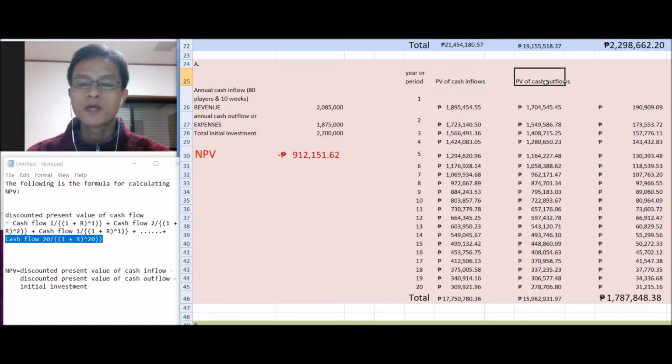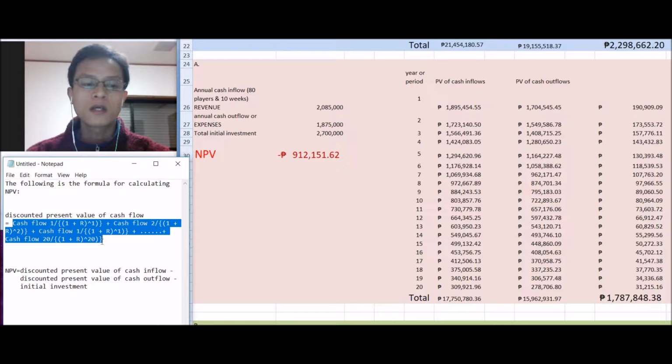Now let's go for the outflows. For the outflow, the same procedure. Use the same formula: cash flow number 1 for the first year divided by 1 plus the rate, which is 10%, raised to the power of whatever year you're on, the same up until you reach the period number 20.